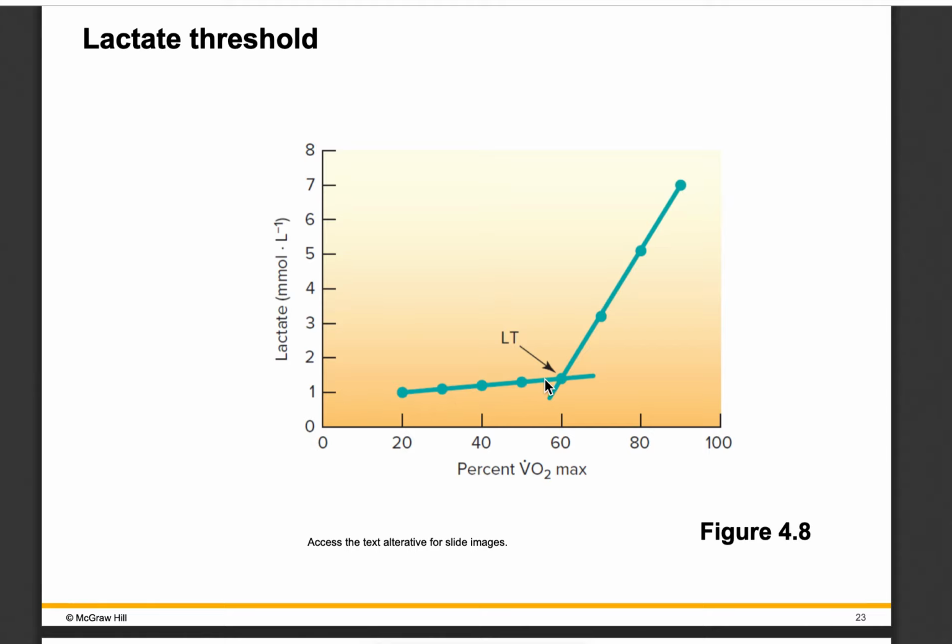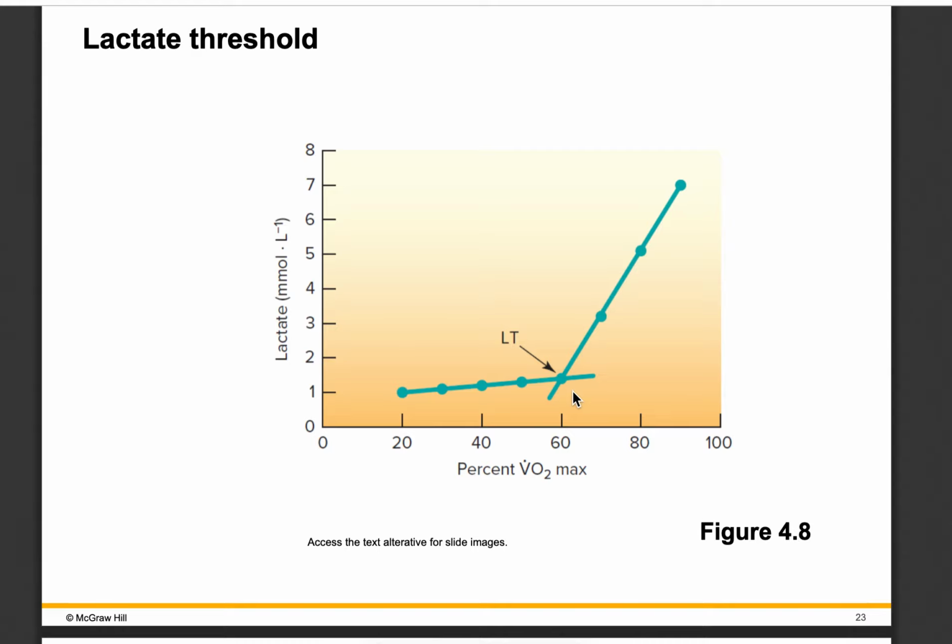But then you hit an intensity, and with each increase in intensity you see this massive spike in blood lactate levels. Where those two lines converge, this is truly lactate threshold. If you train above this percentage of VO2 max, you're going to start building up blood lactate, and that's going to hinder your performance.